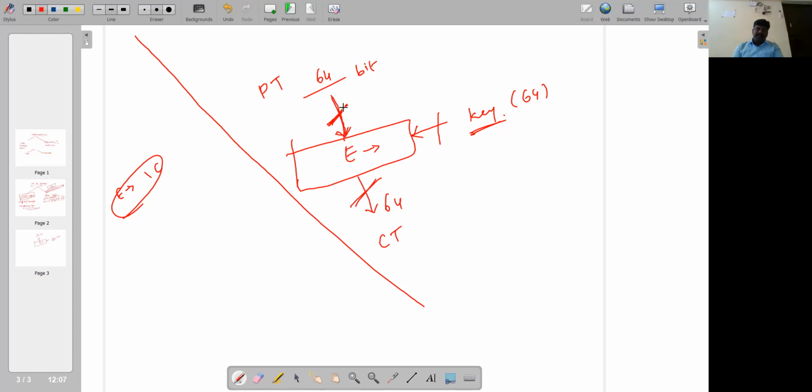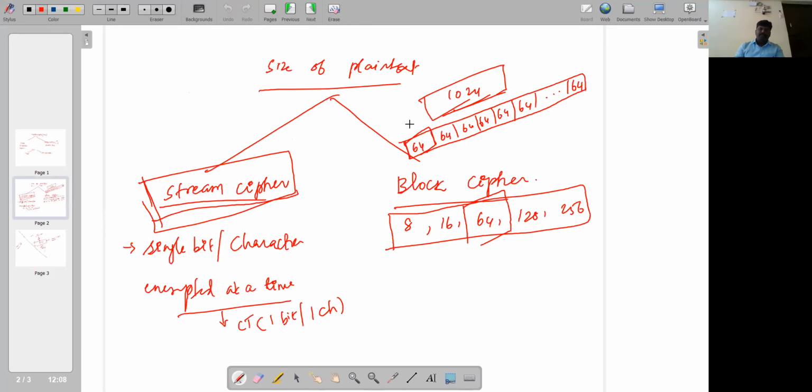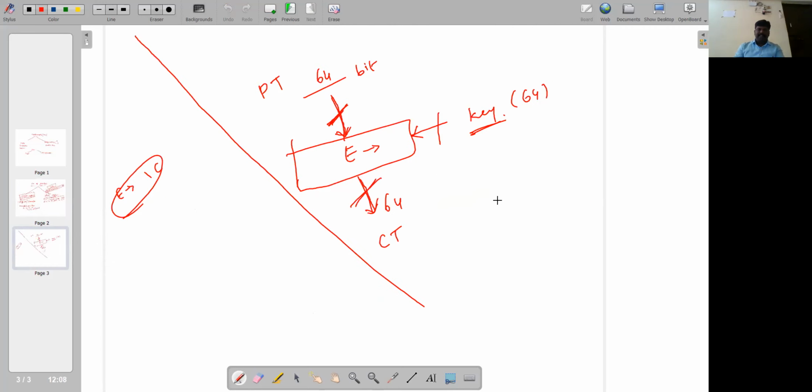So here the 64-bit block is taken as the input, and that produces a 64-bit output. Very similarly, for the second block, the 64-bit plain text goes through the encryption function with the 64-bit key, and that will produce a 64-bit ciphertext.